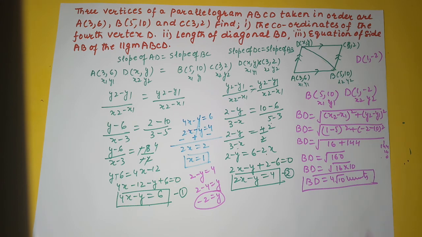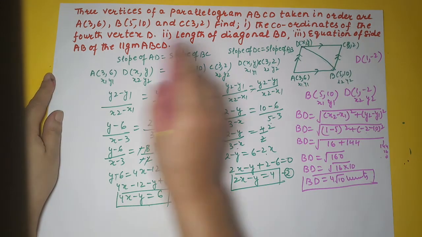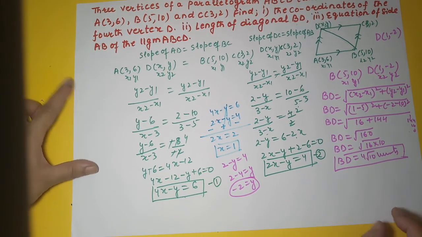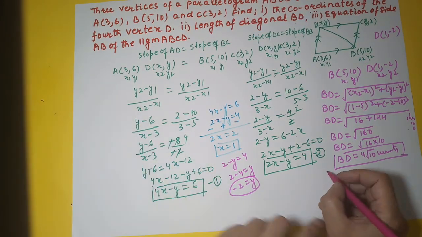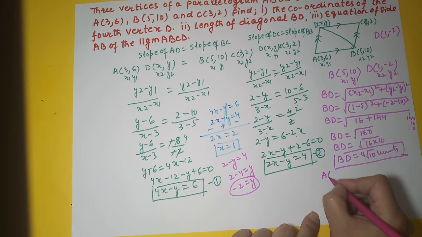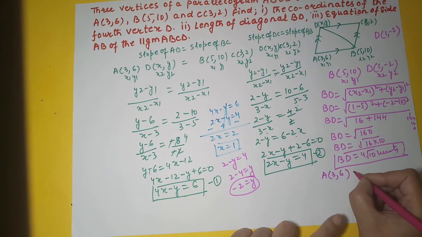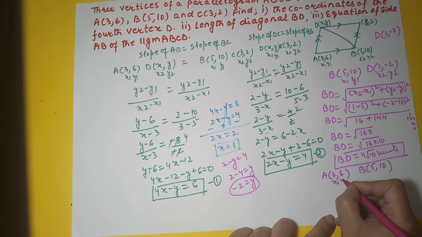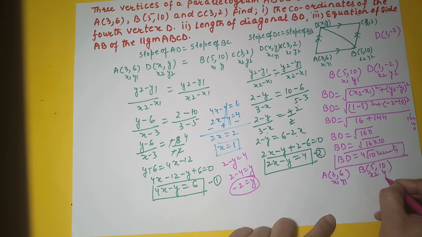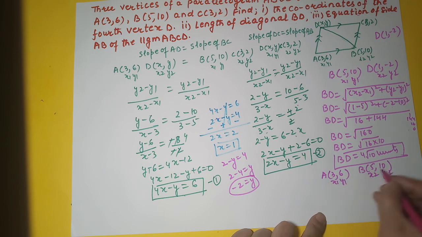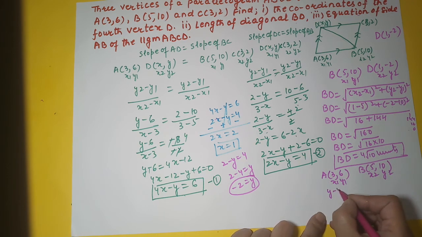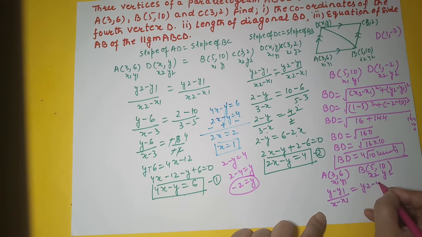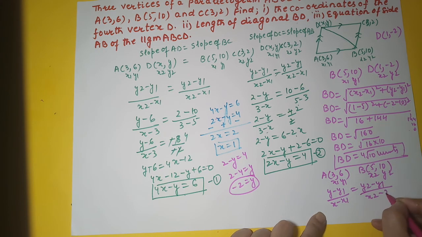Now he is saying find the equation of the side AB of the parallelogram. Now that's also simple. We have the point A as 3 and 6. We have point B as 5 and 10. Now this is your x1, y1. This is your x2, y2. So the 2-point form is y minus y1 upon x minus x1 is equal to y2 minus y1 upon x2 minus x1.